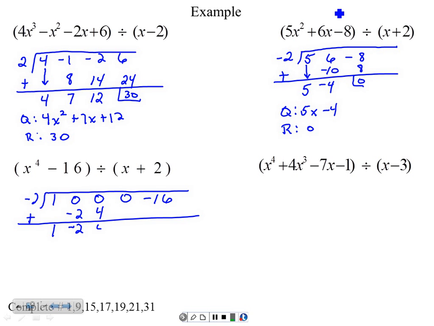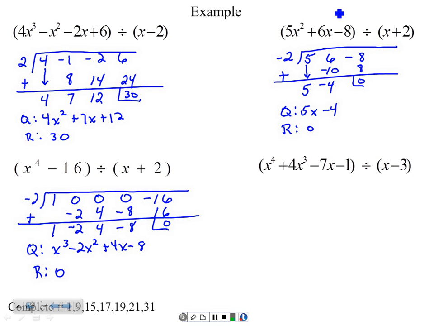Add them together and get 4. Negative 2 times 4 is going to be a negative 8. Add them together and you'll get negative 8. And negative 2 times negative 8 is going to be a positive 16, and your remainder is going to be 0. So we're going to have x to the third, this is my quotient, x to the third minus 2x squared plus 4x minus 8 with a remainder of 0.